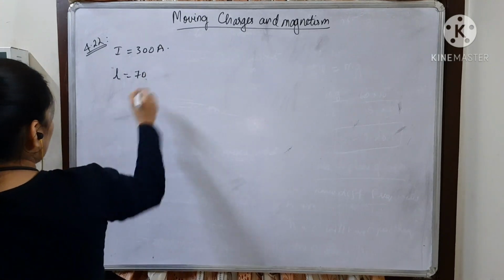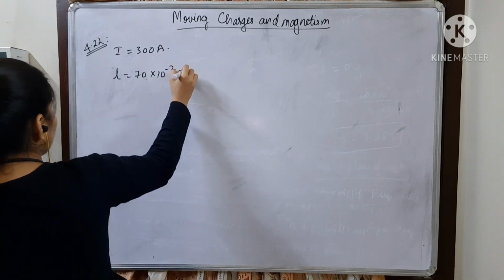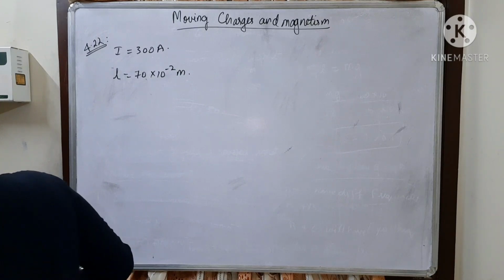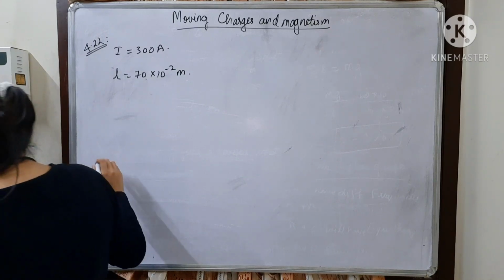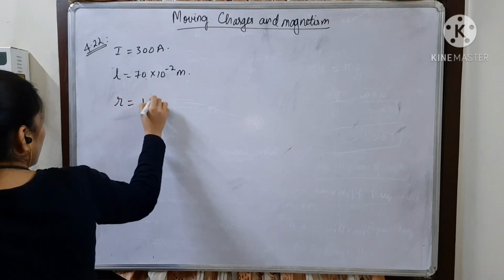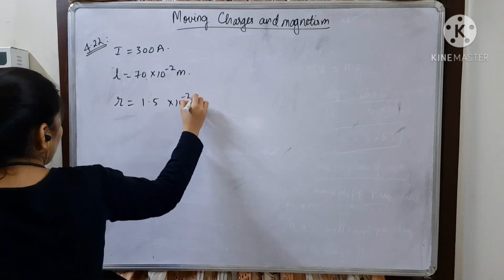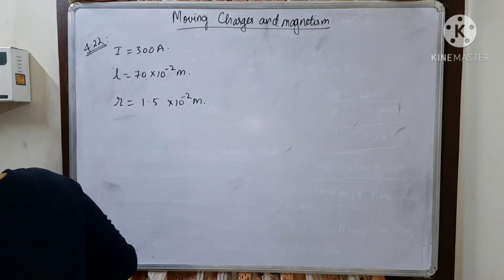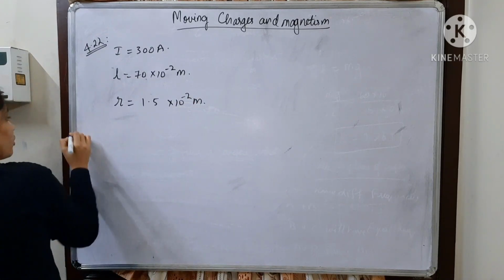I will straight away convert the units to SI units. So the distance between them is 1.5 centimeter, that is 10 power minus 2 meter. And they are asking, is the force attractive or repulsive?